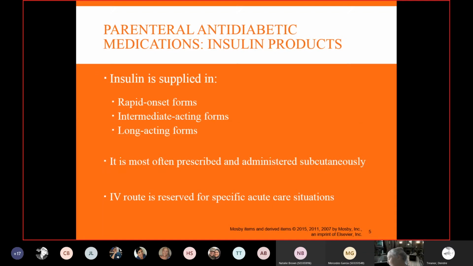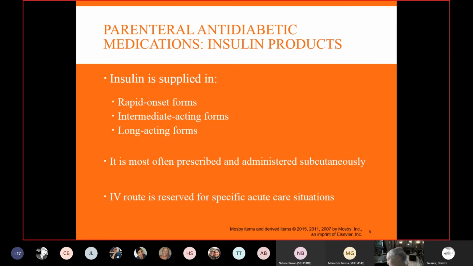Intermediate acting generally is given before breakfast or before meals. It can be twice a day, so evening, morning. You might have to give a bedtime snack if they drop too low. And the long acting, sorry guys, contains additives that cause it to be released more slowly.